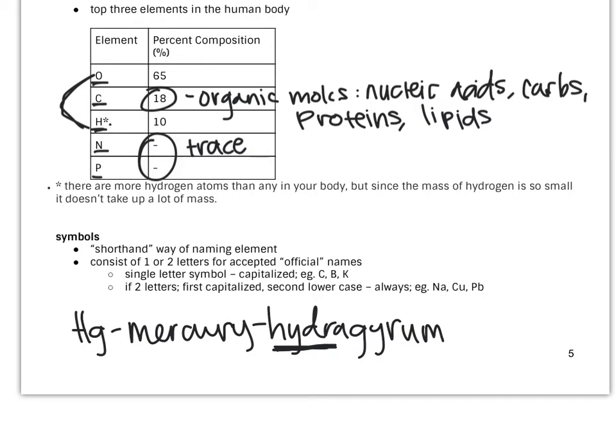So hydrargyrum literally translates in Latin to water silver, because mercury, if you know anything about mercury, it is liquid at low temperatures, room temperatures. So if you are holding it in your hand, which you shouldn't do because it causes cancer and it's very toxic, but before they knew that, if they held it in their hands, it's a liquid. And we know that it's silver, so they literally named it like silver water.